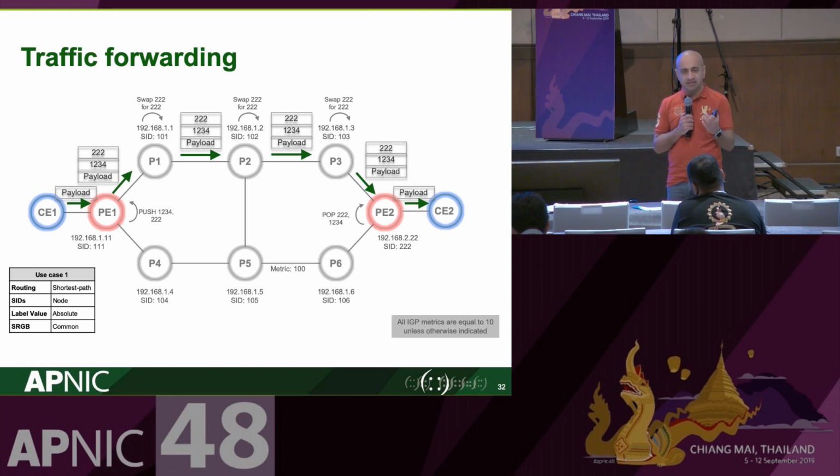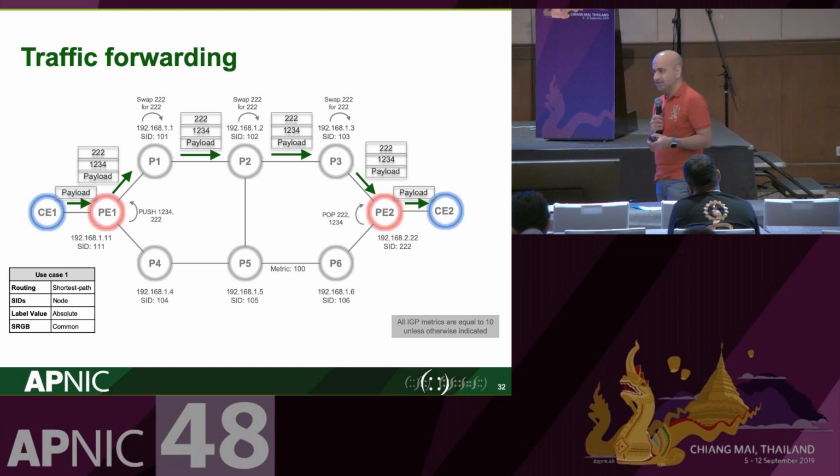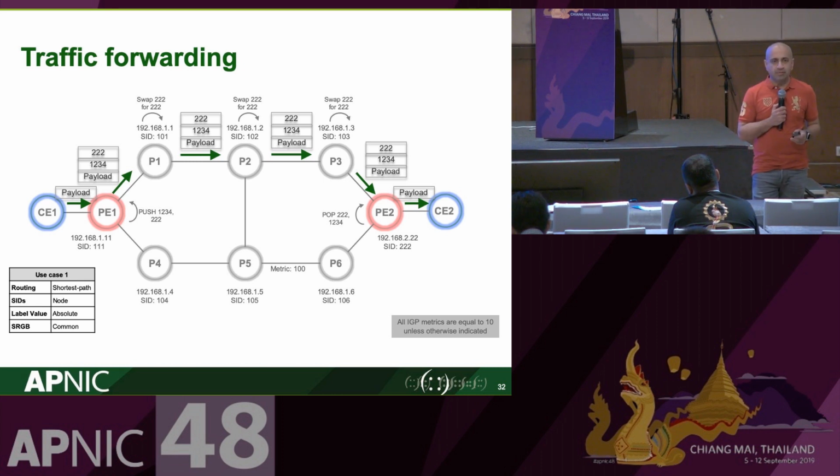Instead of maintaining LDP and OSPF and IS-IS or whatever it is you're using, you've just got your IGP. So there are already benefits of using segment routing for shortest path first. But that's probably not enough. The real power of segment routing comes when you do traffic engineering, which is our next example.